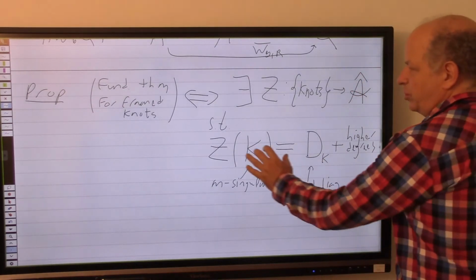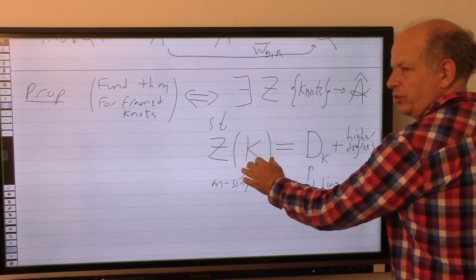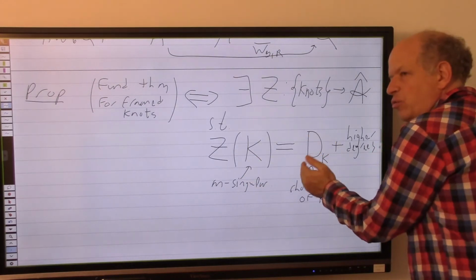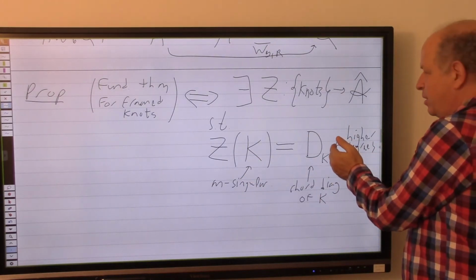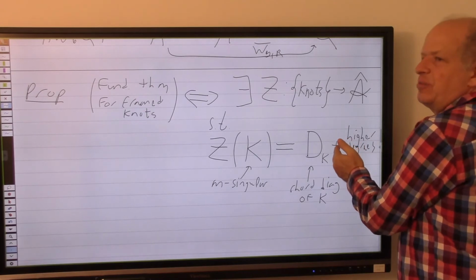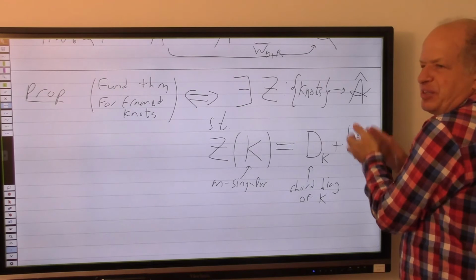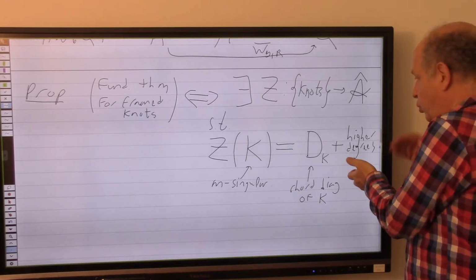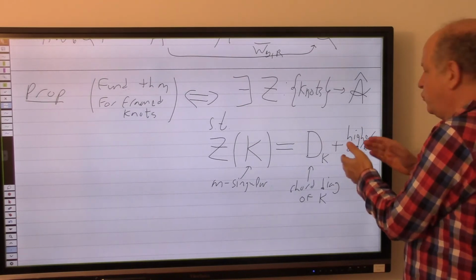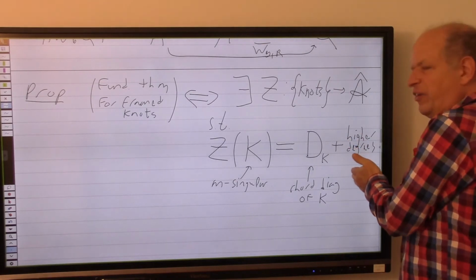Okay, so I want Z of a singular knot to be its own chord diagram plus terms of higher degree, meaning plus perhaps funny combinations of chord diagrams or linear combinations of chord diagrams, provided they're all of higher degree.